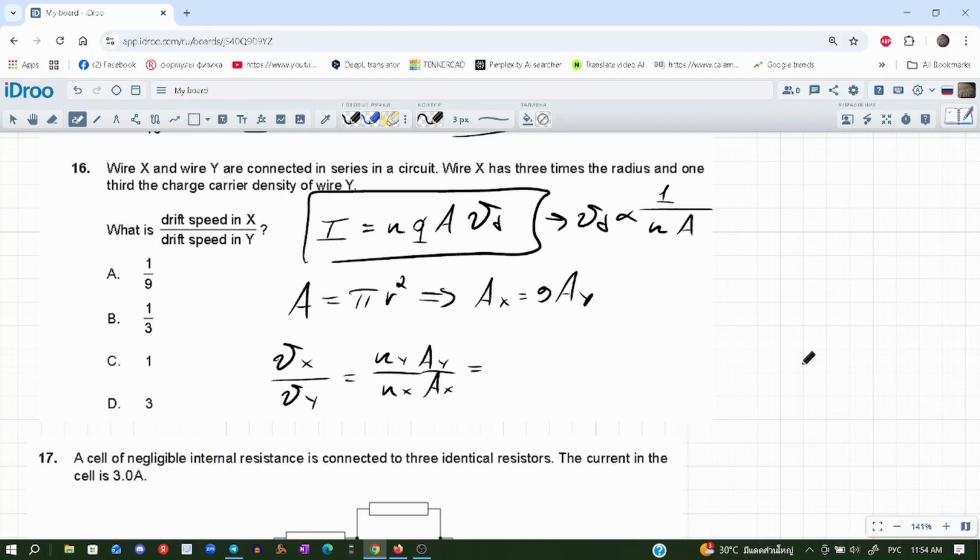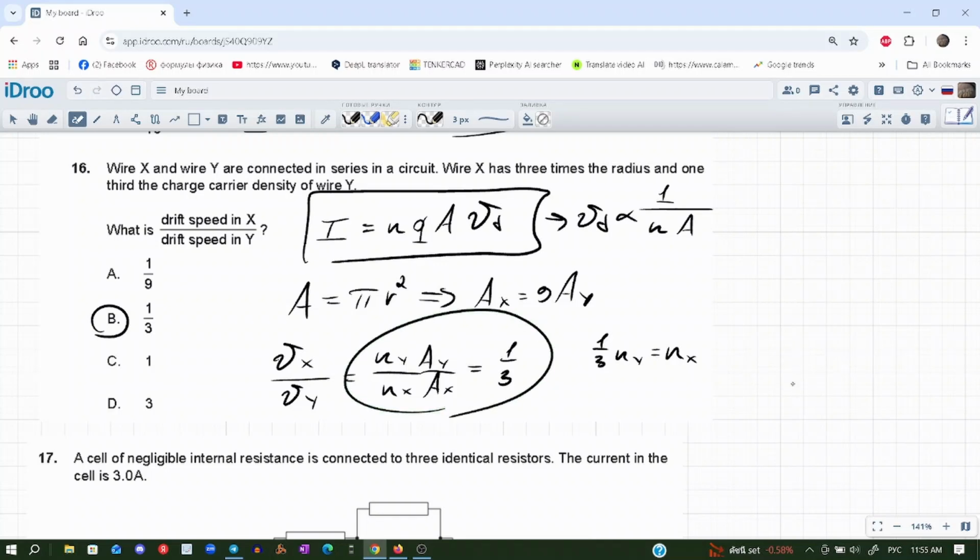And Ny over Nx equals 3, right? So it's just 1/3. Option B. Again, they told us that 1/3 of Ny equals Nx. That's why I solved this like this. That's why I used it here.